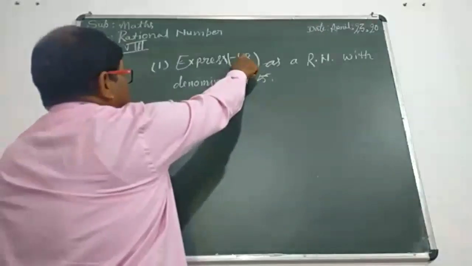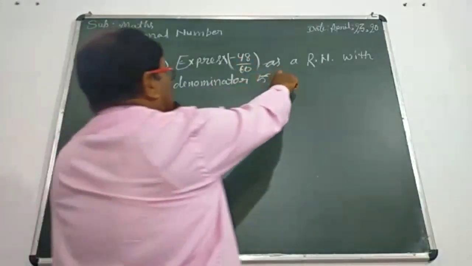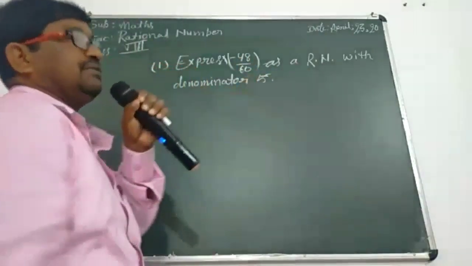Express minus 48 upon 60 as a rational number with denominator 5.